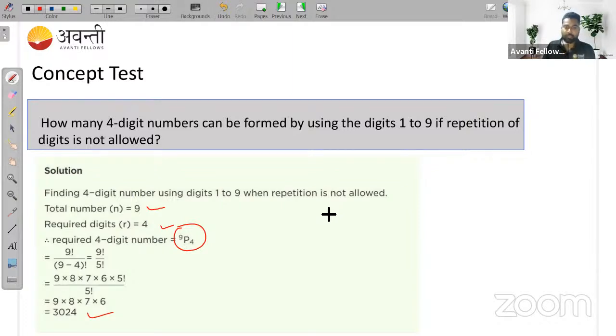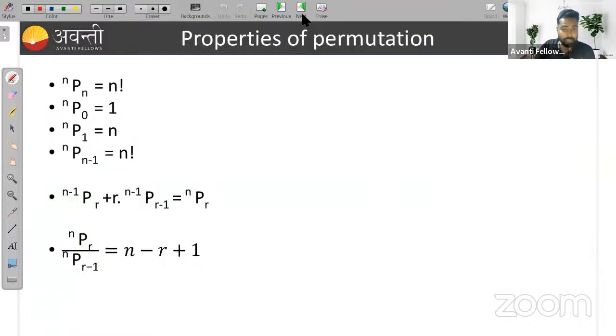If this is done, let's move to the properties. There are some properties of permutation. Take a screenshot of this slide. Already I've told you nPn is n factorial, nP0 is 1, nP1 is n, and nP(n-1) is n factorial also.